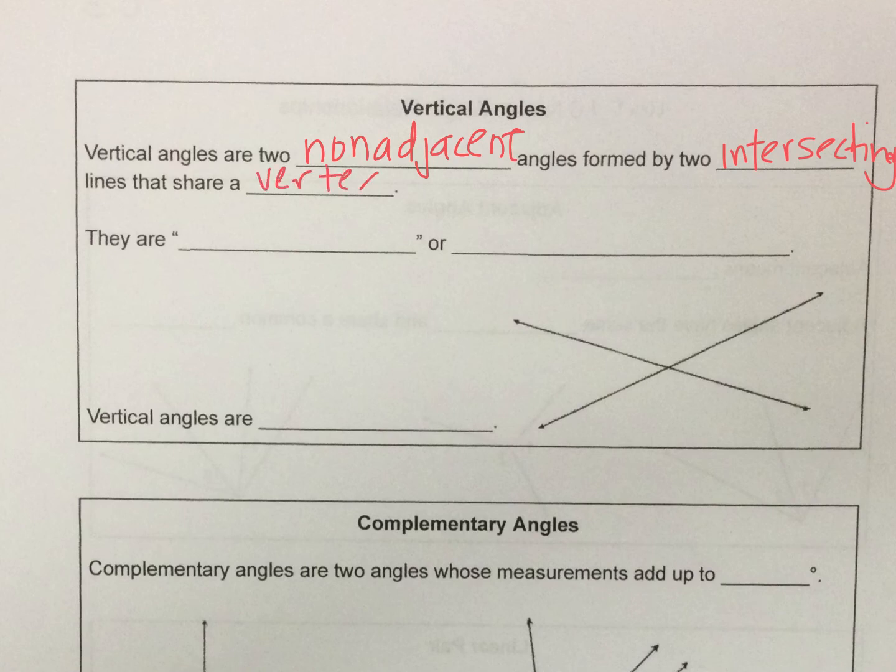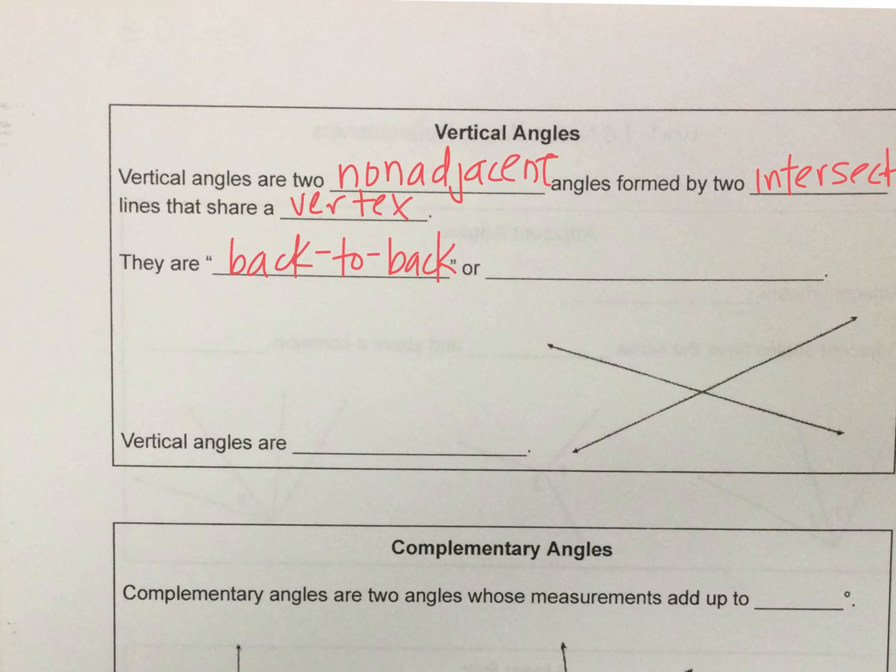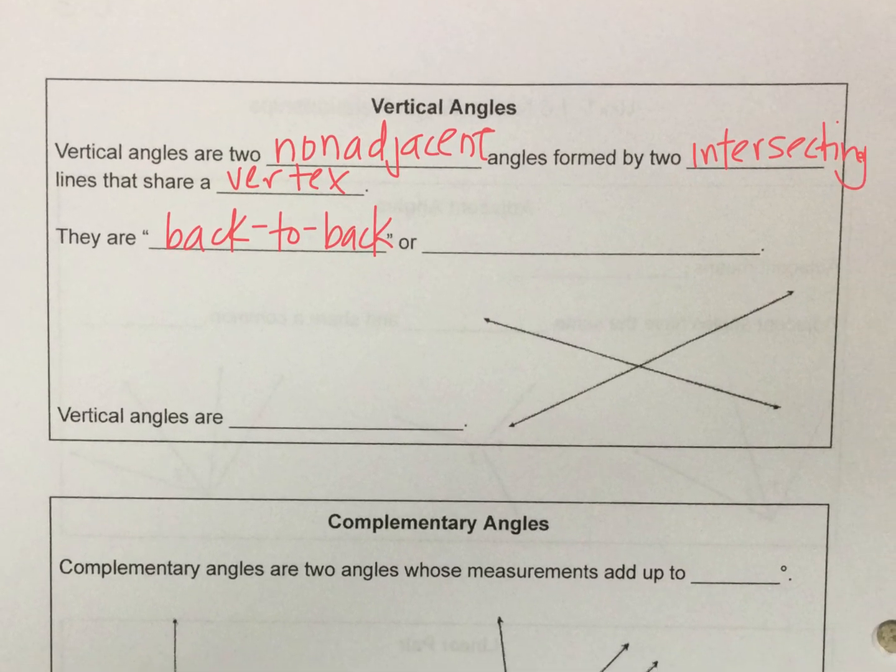Whew, that was a lot of big words. We either say back to back, or I can say they are across from. I like to say they're across from. And I will show you what I'm talking about in a second. And vertical angles are congruent, which means equal or the same.